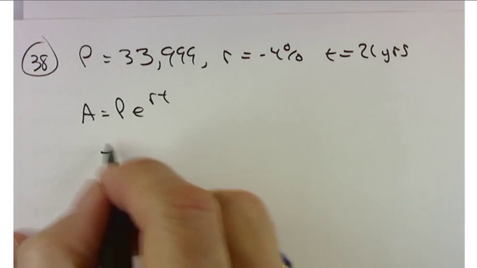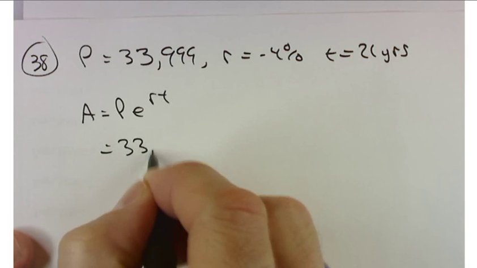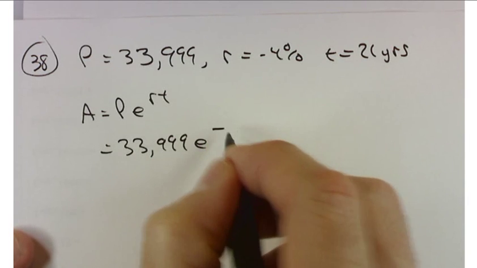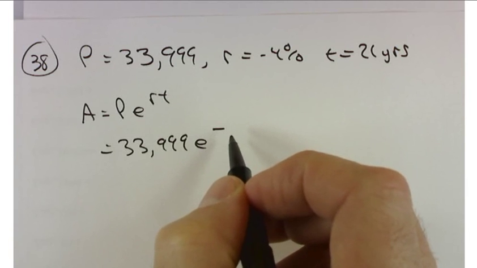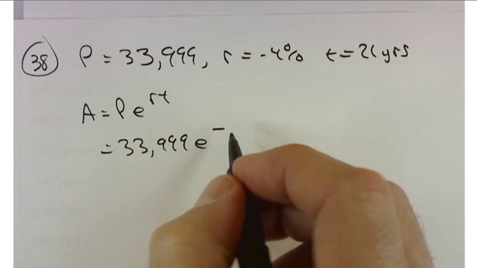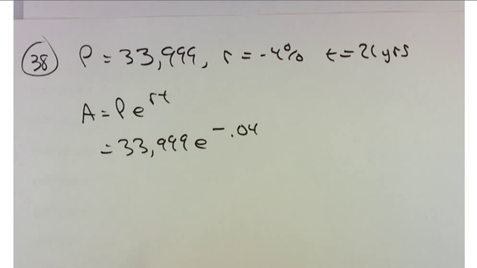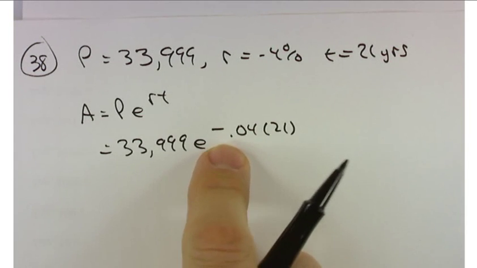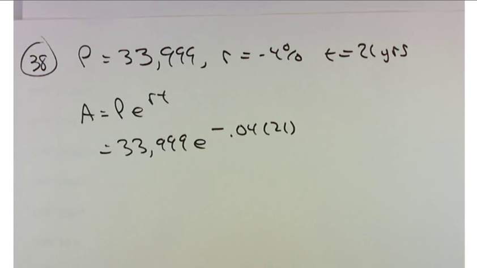So let's see. 33,999 e to the negative, what should I put here? Negative what? 0.04. Good. 0.04 times 21. Now, because it's negative, you're going to get a decay. So you're going to start out with more than you end up with.